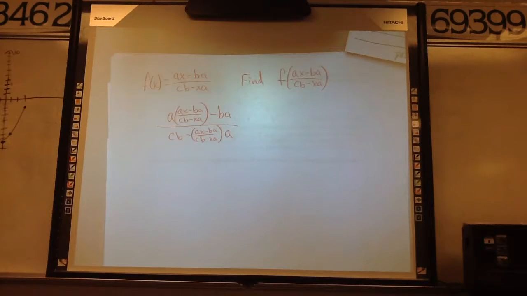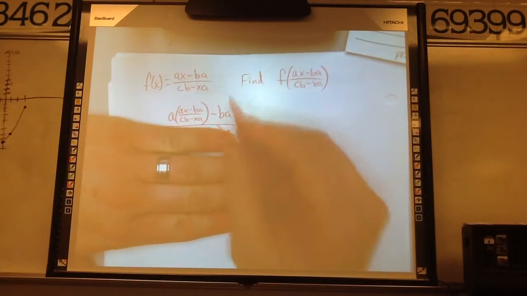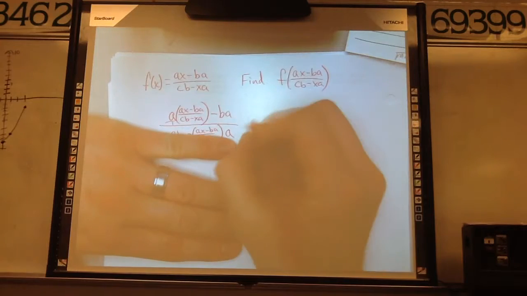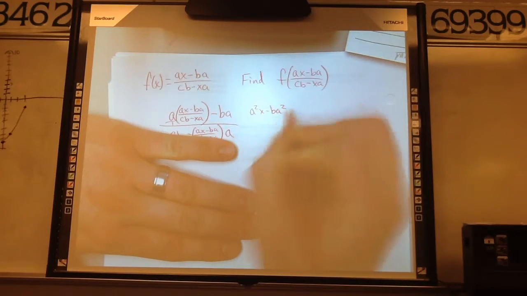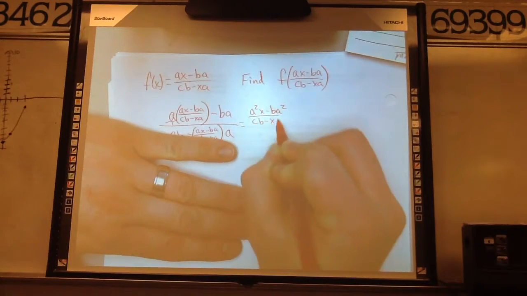Do we have to actually multiply all that? You have to get a common denominator. That's a over 1, so it'd be just a squared x minus ba squared over cb minus xa.